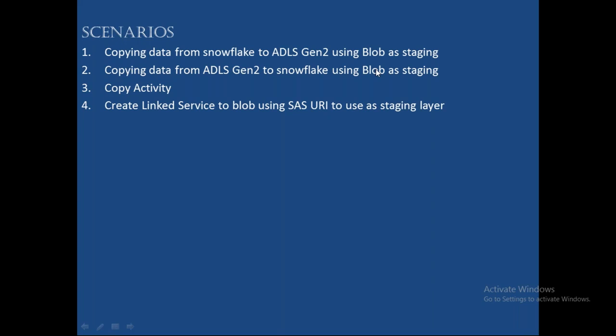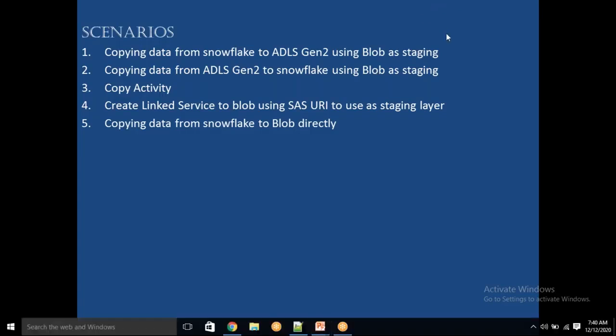We already know how you can use a shared access signature URI to create the linked service. That particular SAS URI we are going to use to create the linked service for blob. Next, copy data from Snowflake to blob directly. When you are copying data from Snowflake to blob or blob to Snowflake, you are able to do it directly, but with respect to ADLS Gen2, that is not possible.